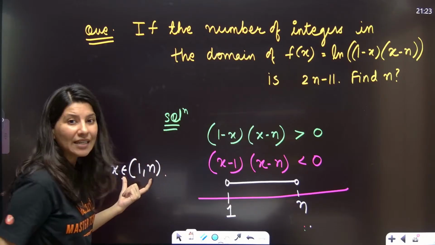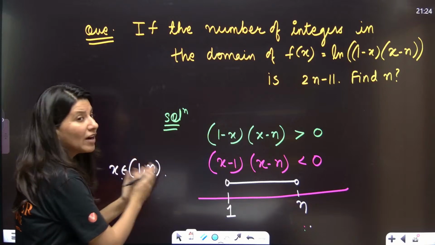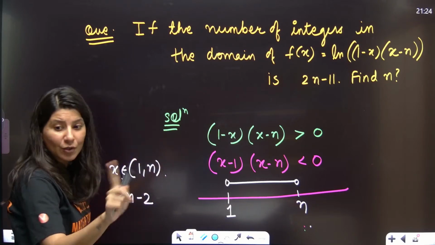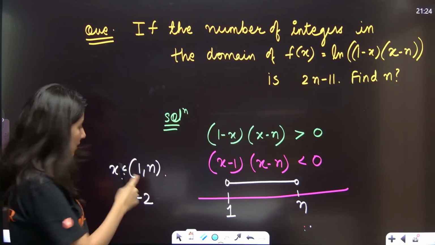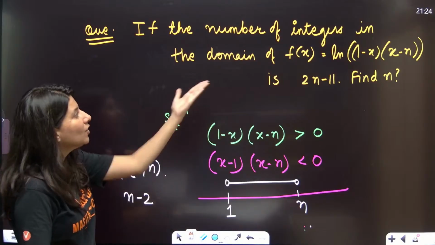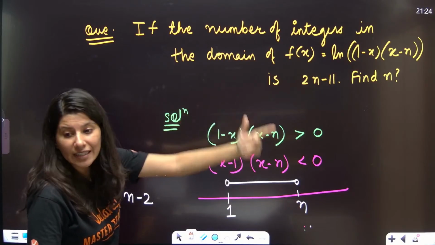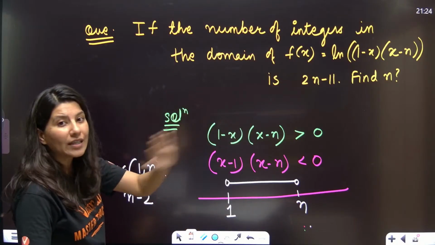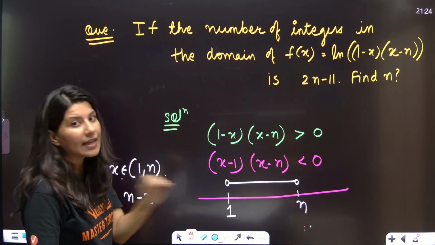Total how many numbers are there between 1 to n, excluding 1 and n? So n minus 2, because 1 also we don't want. No, equality sign will not be there. No, logarithm. Log of anything, that anything should be strictly greater than 0. Anything inside log can never be 0. So x cannot be 1, x cannot be n.